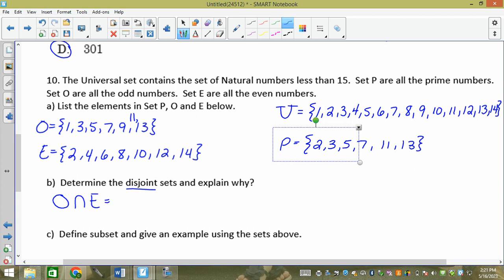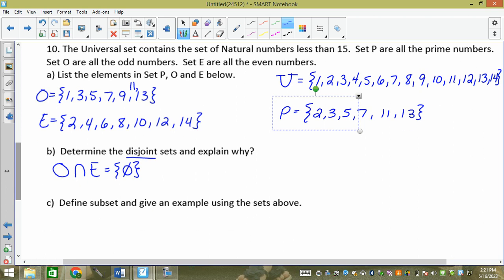Caleb? If ever I call on you, just say empty set. Empty set. So two sets that are disjoint, if you take the intersection of them, result in the empty set. Why are they the empty set? Because they have no elements in common.